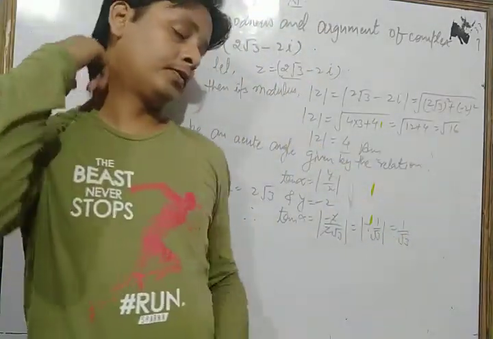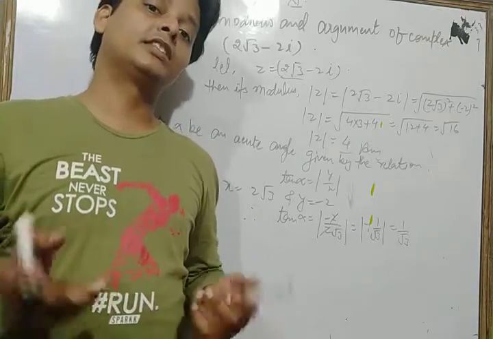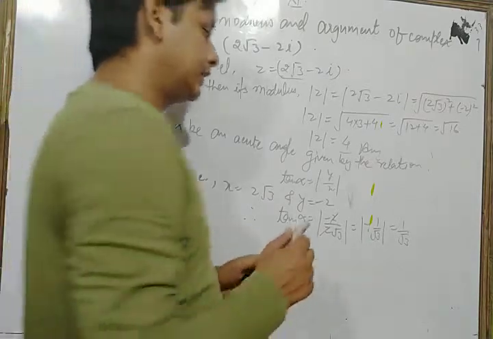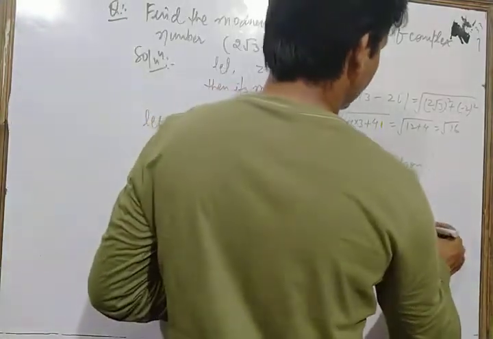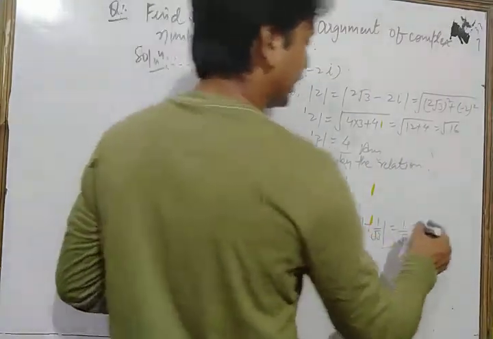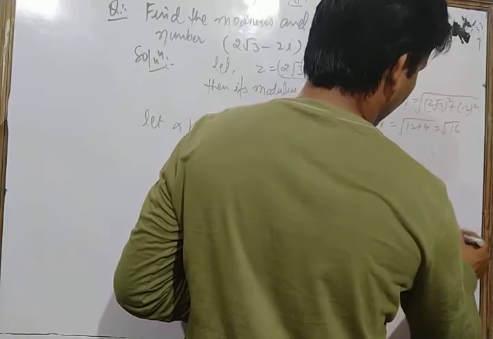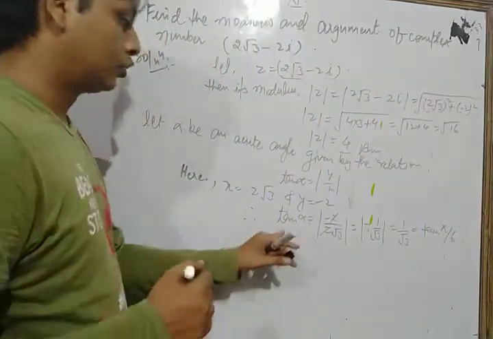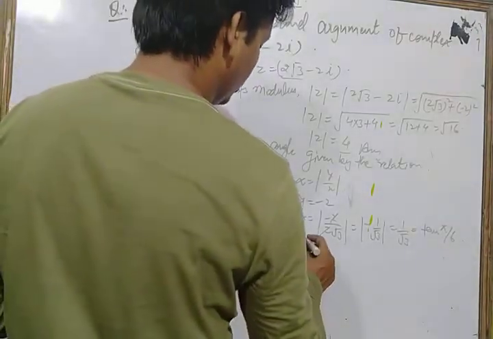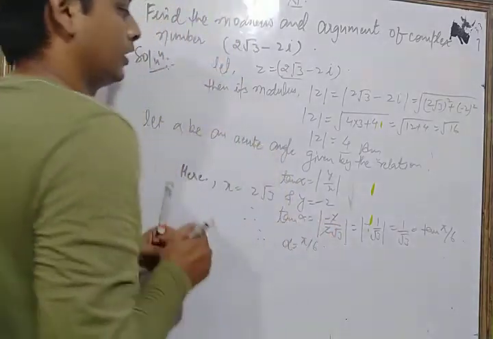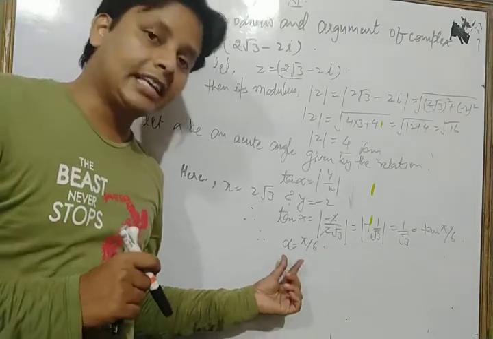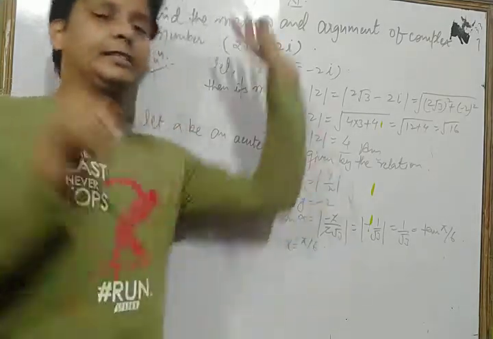And you know that 1 upon root 3 is the value of tan 30 degree, so we can write tan pi by 6. So tan alpha is equal to tan pi by 6. So alpha is equal to pi by 6. This is the value of the acute angle alpha.